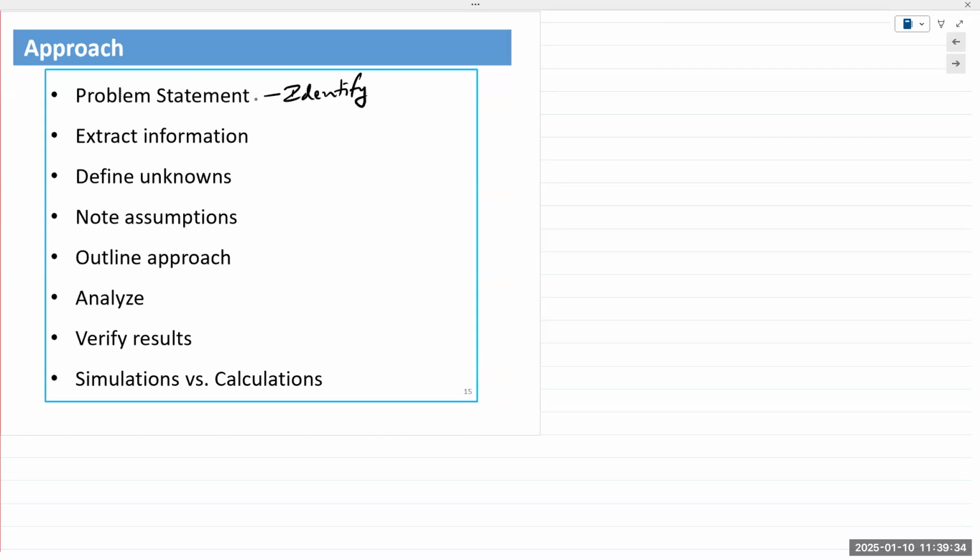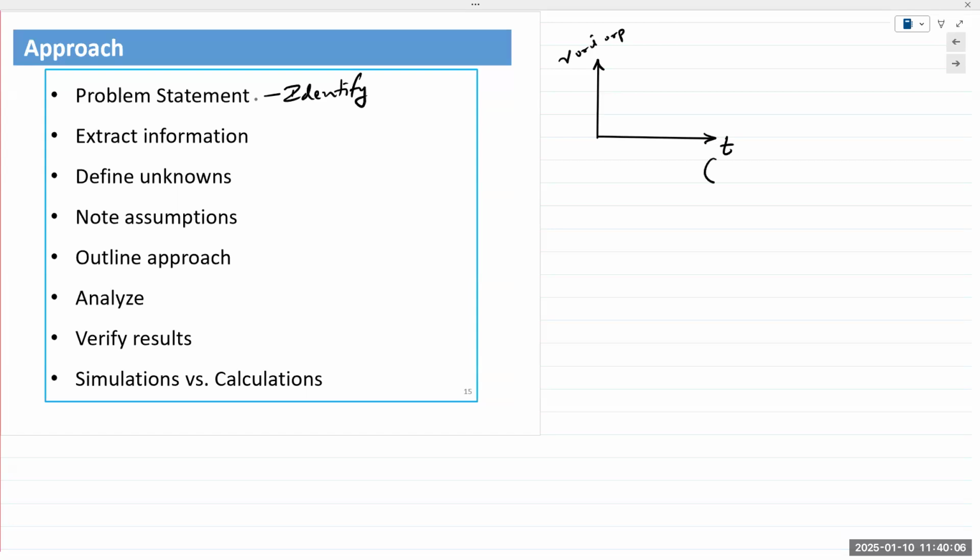For instance, you might come across a graph or a chart that looks like this. Okay. You'll have time on the x-axis. Here it might be the voltage or current or power or energy, any other physical quantity. Nothing will be given to you in the problem statement. They might just say, okay, here's a circuit diagram, find V out. So it would be your responsibility as an engineer to look at everything.